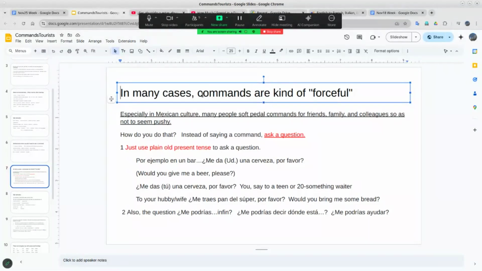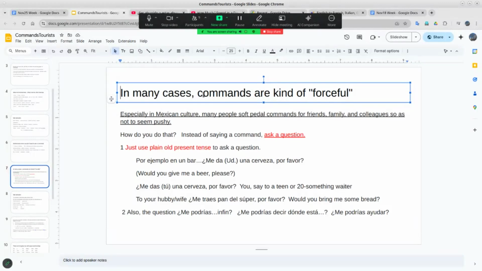So in a lot of cases, instead of using a command, especially to your loved ones, a mom will give a command if she's really fed up with her kids. A mom will give a command if she's fed up with her husband. A husband will give an actual honest to goodness command if he's not in a good mood.